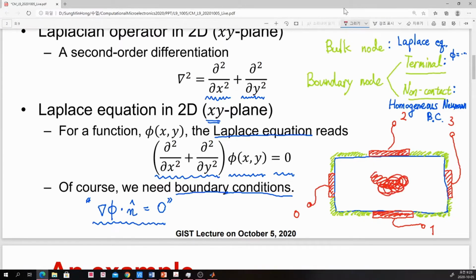So at the center of a simulation domain, something interesting happens that is worth simulating.